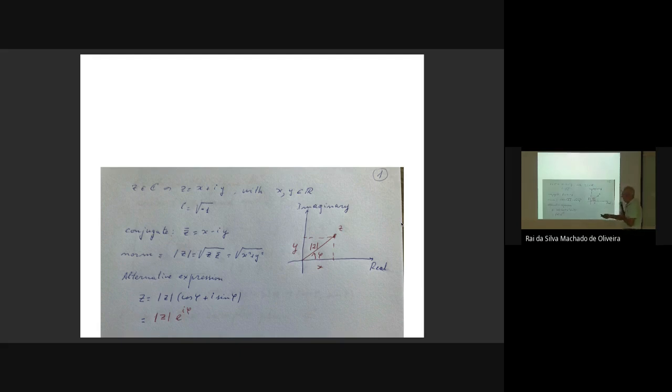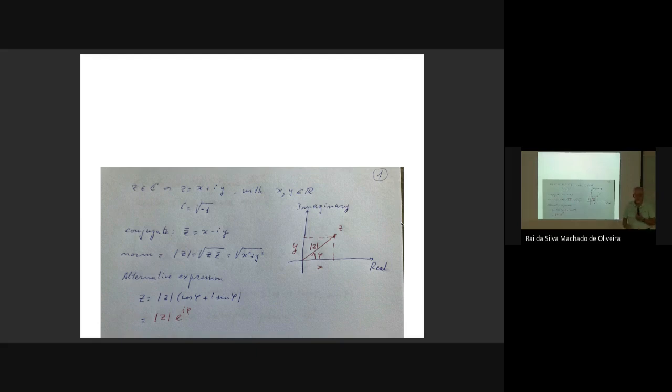We may define the conjugate of the complex number just by changing the sign, putting minus instead of plus. So this is the conjugate of the complex number z. And the norm is the square root of z times z conjugate, that is the square root of x squared plus y squared.